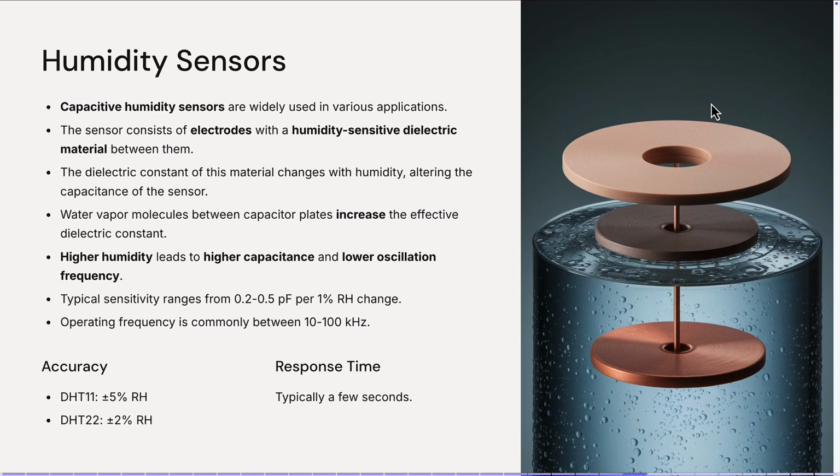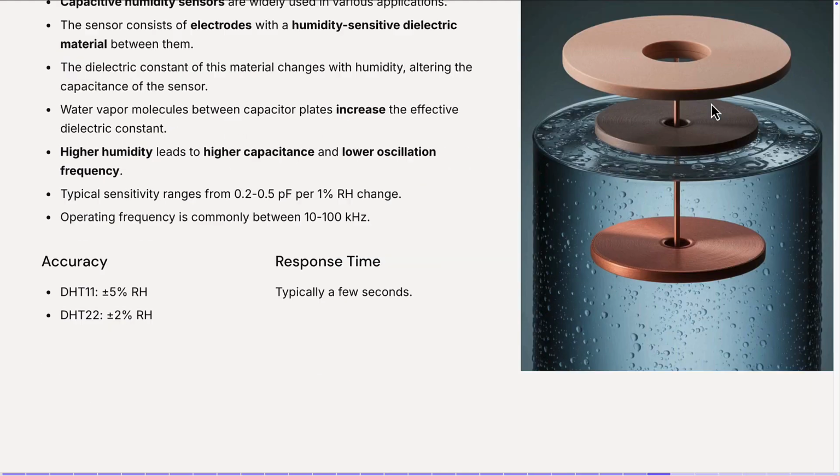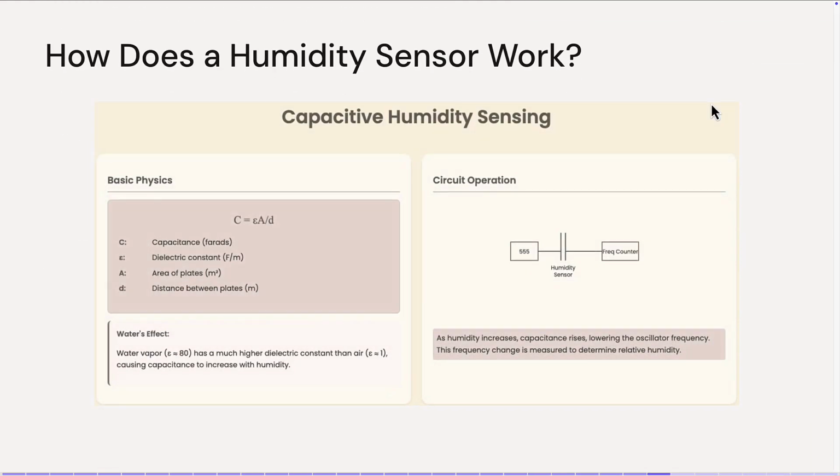The humidity sensor is based on an electrode with a humidity sensitive dielectric material. To make a long story short, we have a capacitance here, and this capacitance is going to change its characteristics, or the frequency of generation, because here we have a frequency counter. Depending on the humidity of the air, dry or wet, the frequency of this capacitance is going to change.